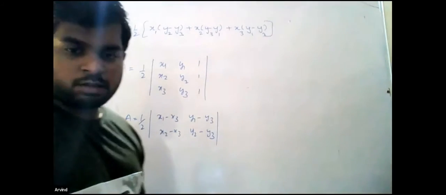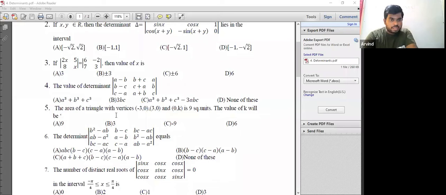Okay, the next question is based on area of the triangle. So let's solve it. The area of the triangle with vertices minus 3, 0, 3, 0 and 0, k is 9 square units. They have given the area. You have to find the value of k. Please try this.